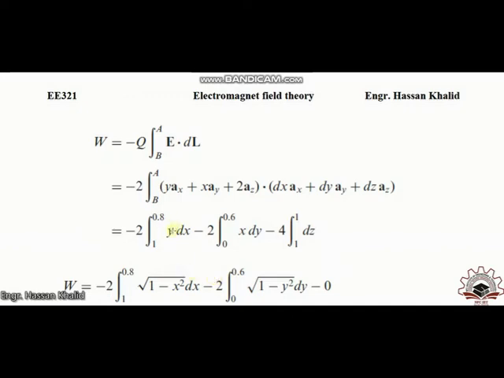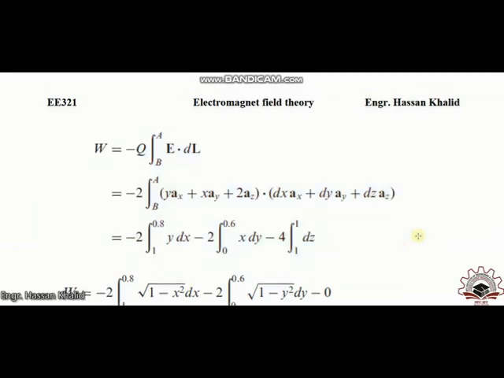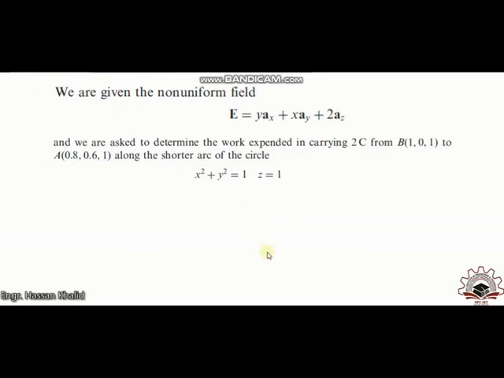Since the equation says that the electric field intensity is taken along the shorter arc of the circle, we can easily transform y in terms of x and x in terms of y according to the desired condition.